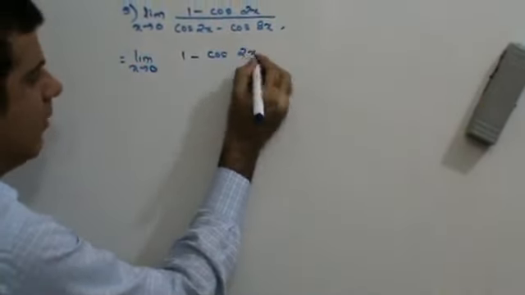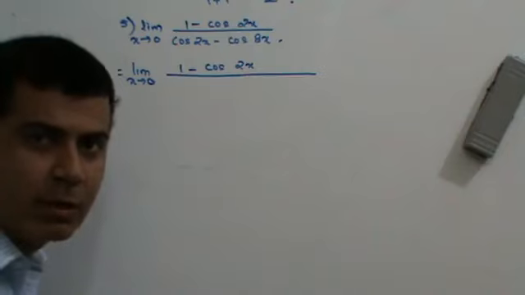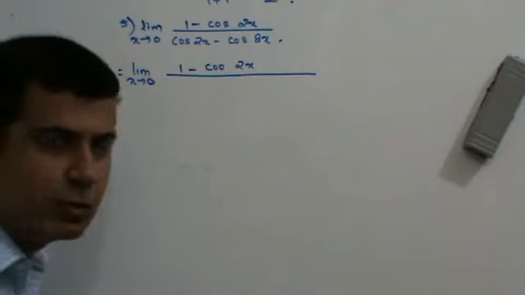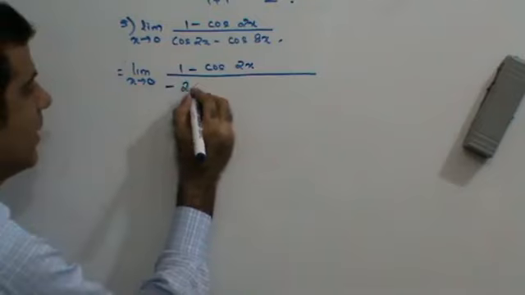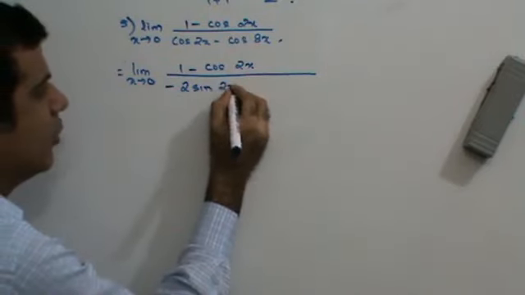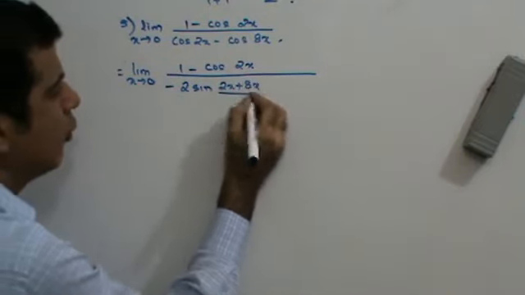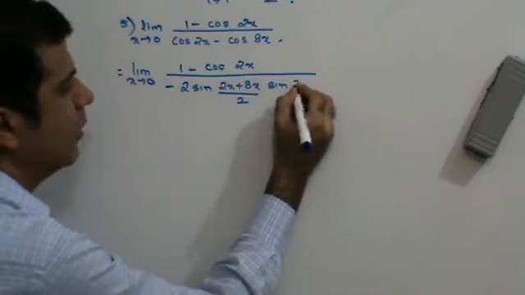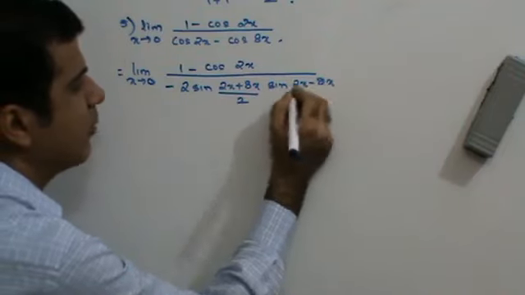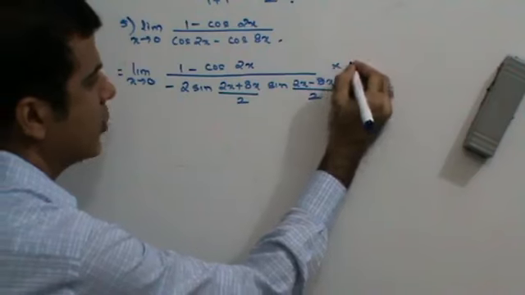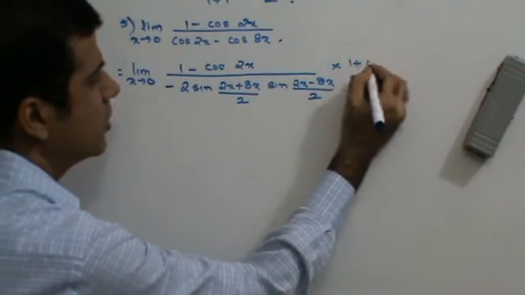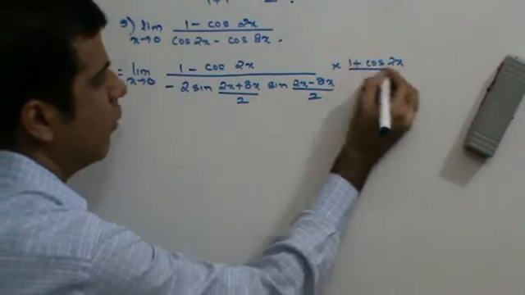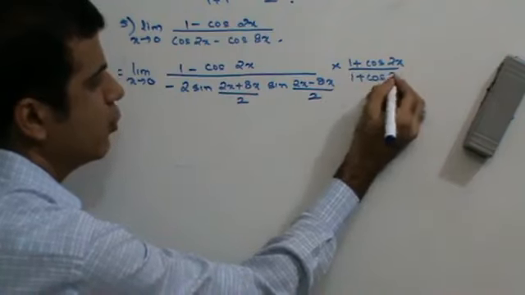Cos minus cos, factorization formula. Cos minus cos is minus 2 sin sine. So this is minus 2 sine (2x plus 8x) upon 2, sine (2x minus 8x) upon 2. Rationalize the numerator, 1 plus cos 2x upon 1 plus cos 2x.